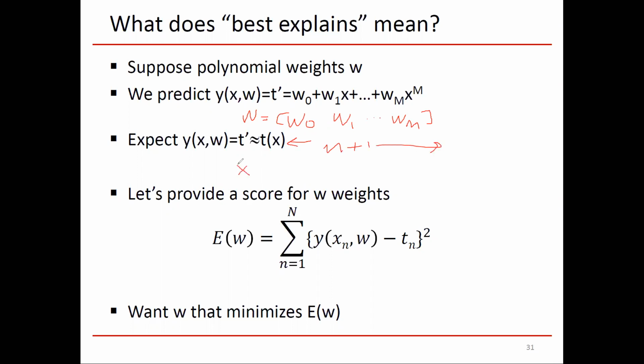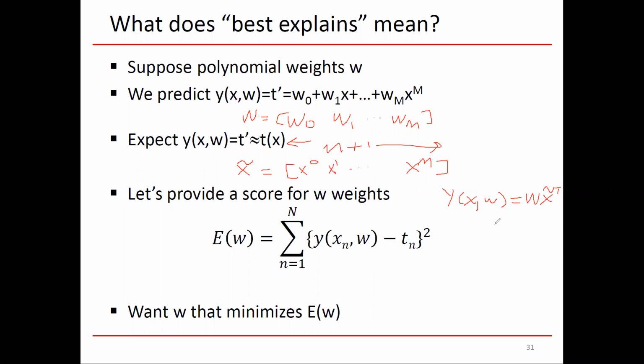Let's call this x tilde. X tilde would be powers of x: x to the power of 0, which is 1, x to the power of 1, which is x, x squared, up to x to the power of M, and y as a function of x and w is going to be w multiplied by the transpose of x tilde.